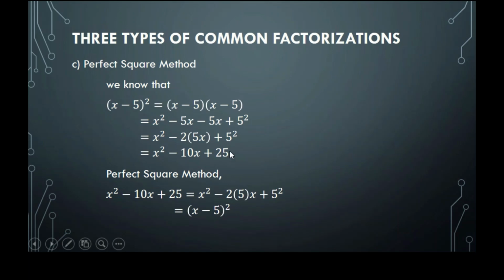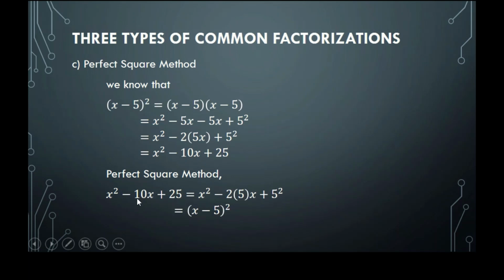Now the perfect square method is the reverse process of this one. When we have x squared minus 10x plus 25, we have x squared here, and this 25 we can change to 5 squared. After that, we observe the middle one.